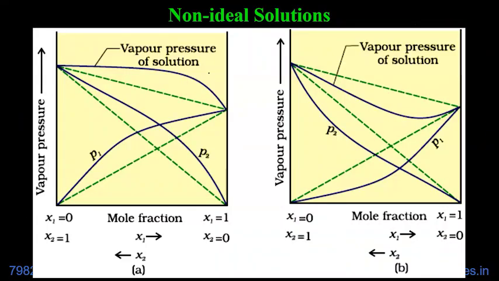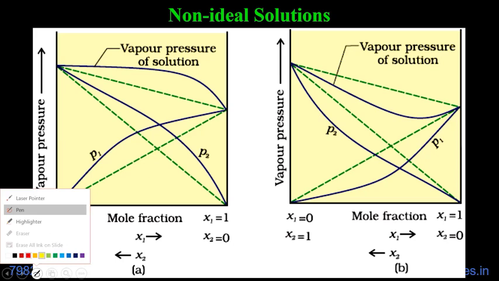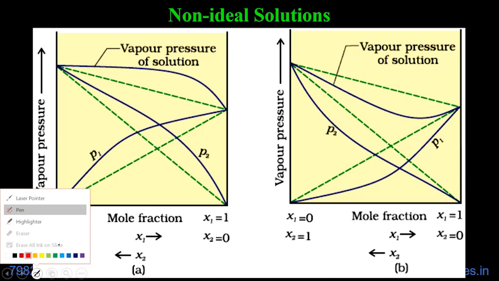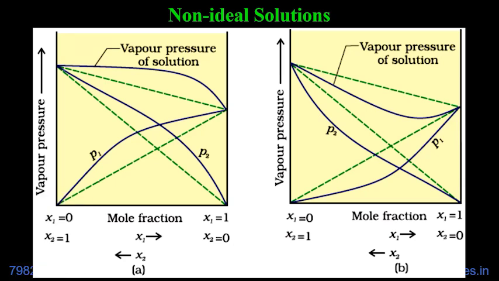So if you see the diagram, it is clear. In the first case, the green lines show the ideal behavior.